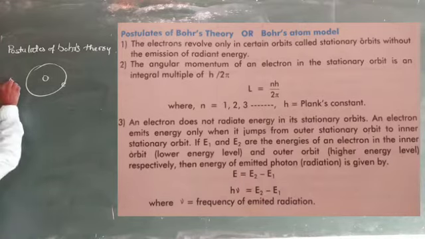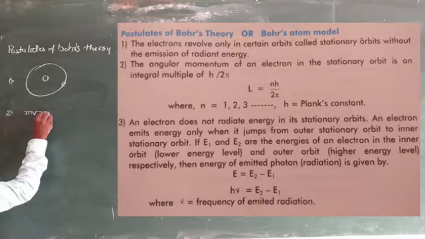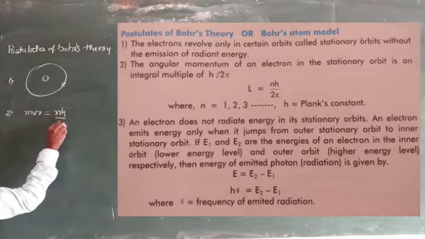The second postulate is angular momentum, mvr. Angular momentum is always an integral multiple of nh divided by 2 pi.